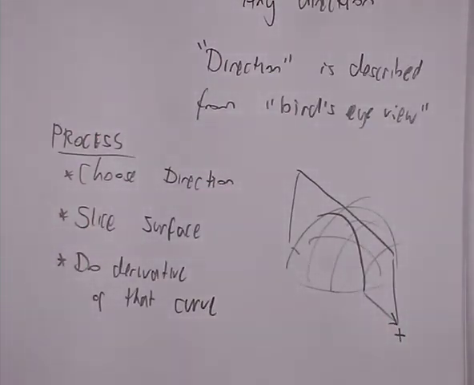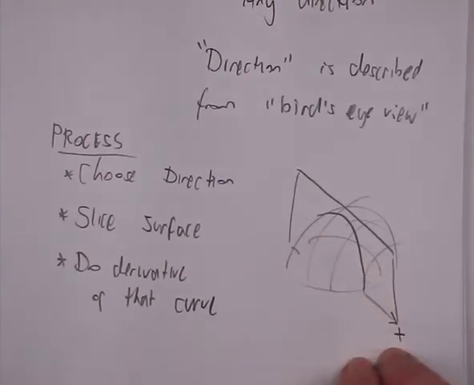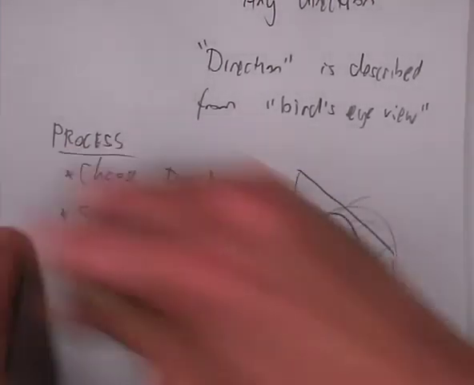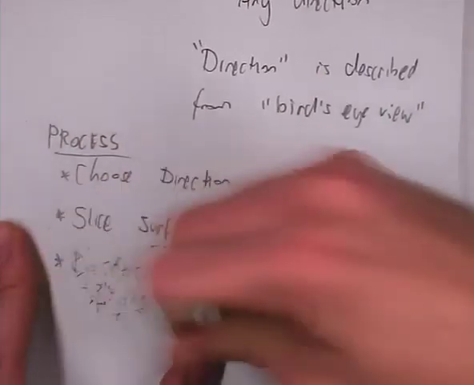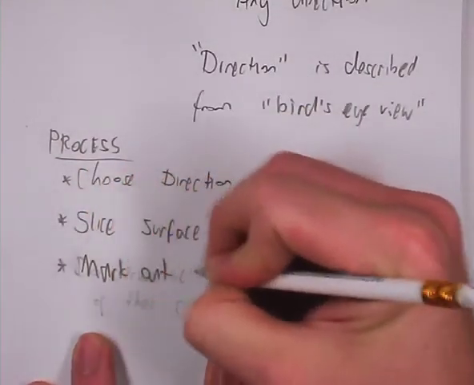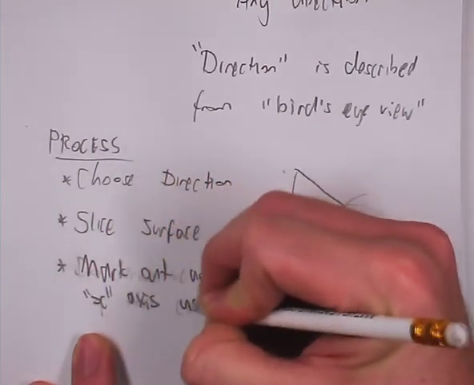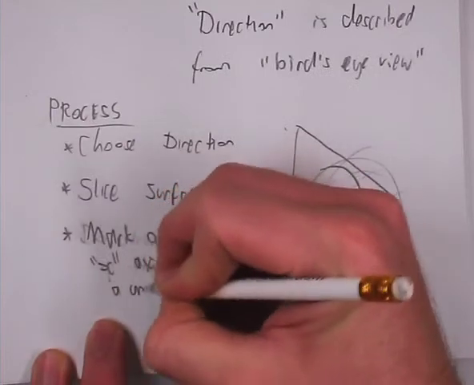Okay, so what you need to do is there isn't an x-axis drawn on this plane that you've cut it with. You actually have to draw that x-axis yourself using a unit vector. So what we actually do before we do the derivative of that curve is we mark out an x-axis using a unit vector.